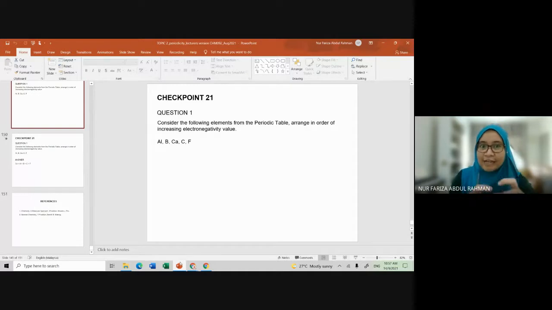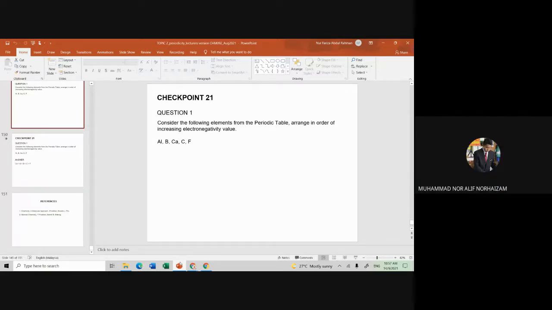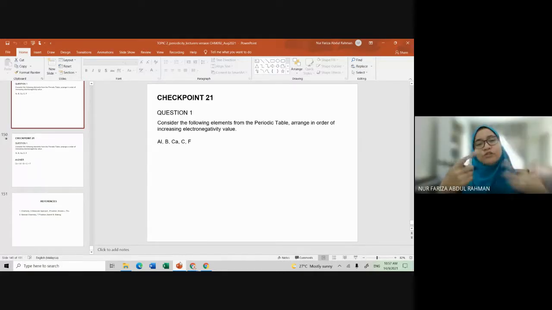Z is the number of protons in the nucleus, but Z effective is the attraction, the charge that is felt by the valence electrons. So we need to know whether they give Z or Z effective. Do they give the nucleus charge or the Z effective? They give the nucleus charge, madam. So that means it is Z. Okay, it depends on the question.